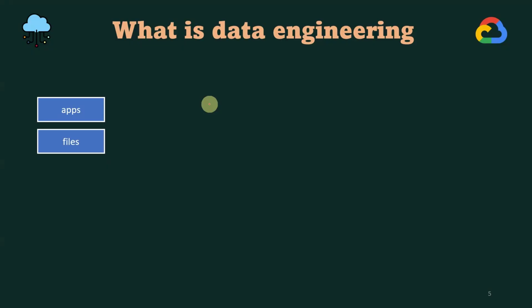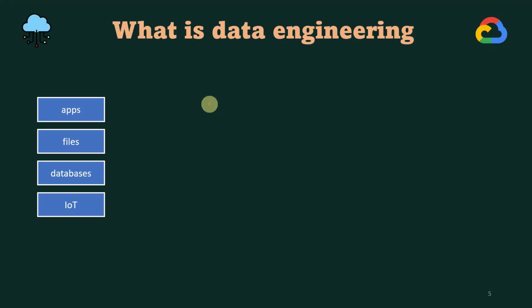So the data may come from applications, from file formats, or from databases. Some companies store the data in databases in a tabular format, like MySQL, SQL Server, or PostgreSQL databases. Nowadays you also have data coming from IoT devices such as sensor devices.